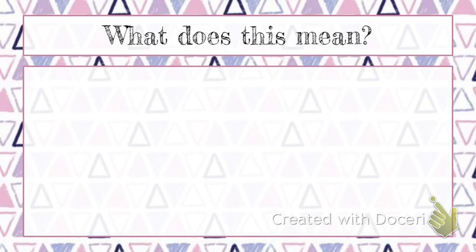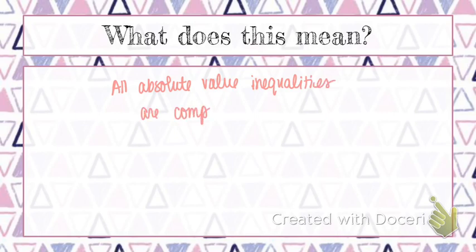So what does this tell us about absolute value inequalities? This tells us that all absolute value inequalities are compound inequalities, which we have already learned about.